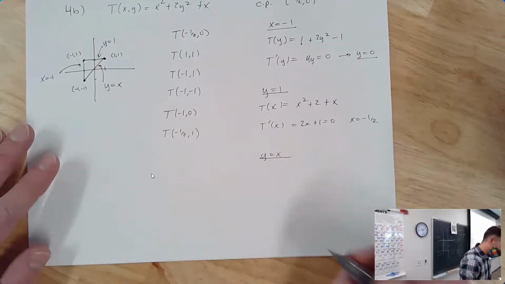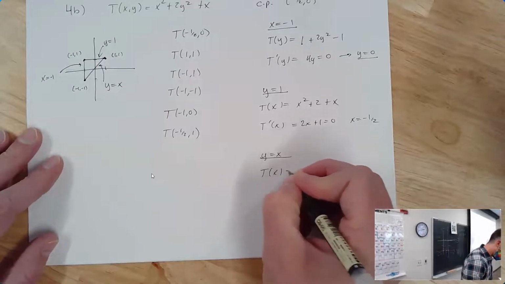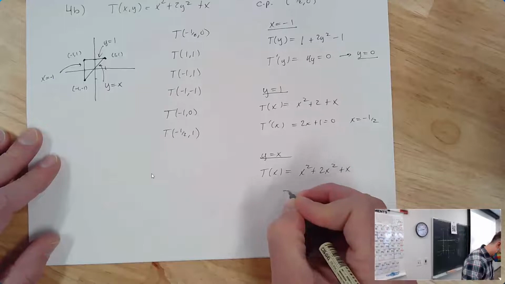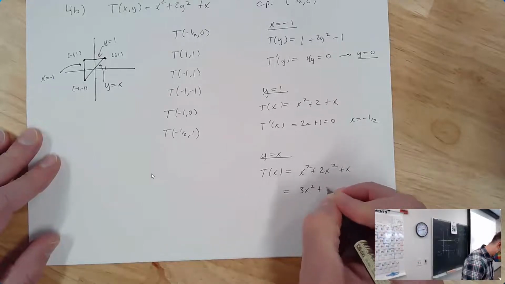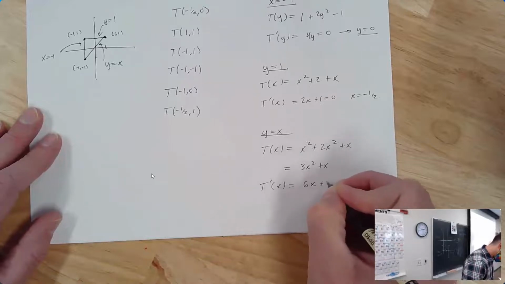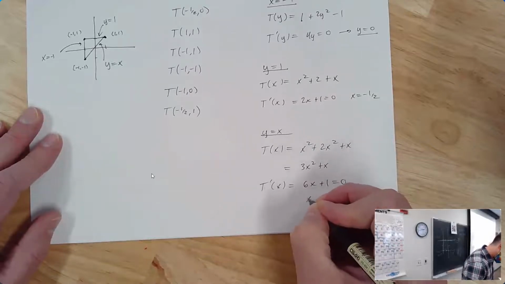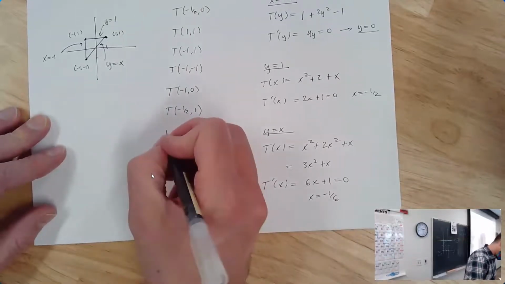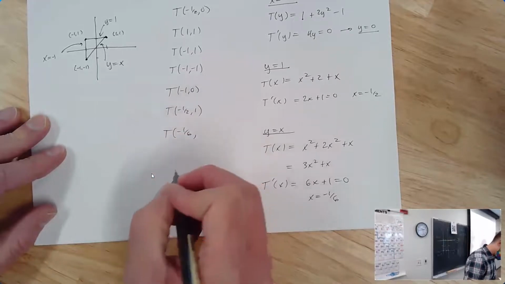I usually use x's if I'm going to use one of the variables. So x squared plus 2x squared plus x. That's 3x squared plus x. And then the derivative is 6x plus 1 equal to 0. So x equals -1/6, which is still in the domain, right? Oh, and what's y going to be?